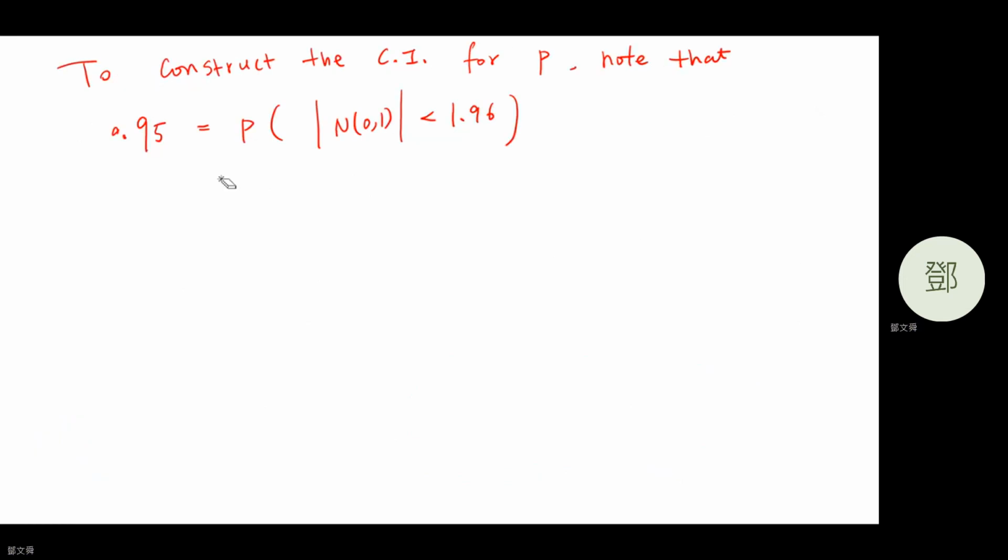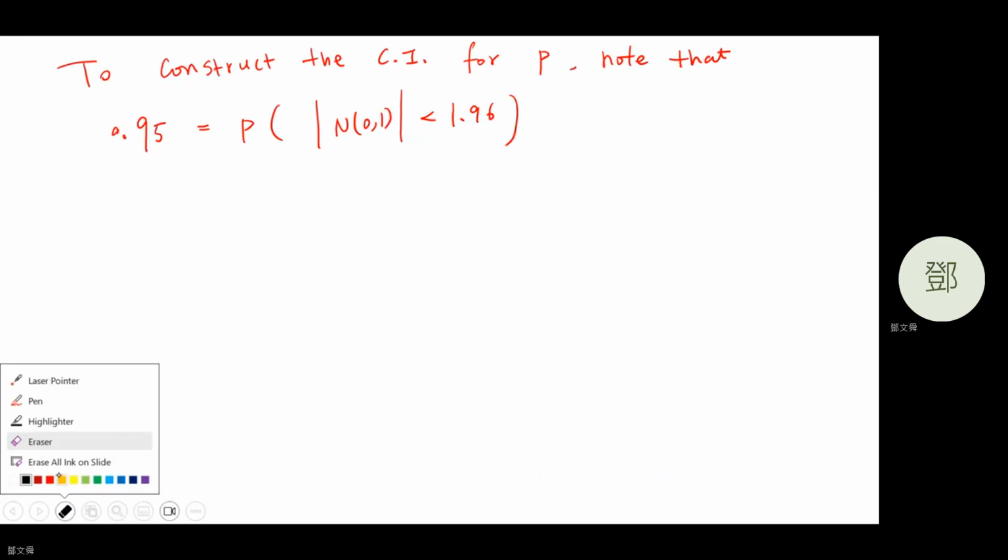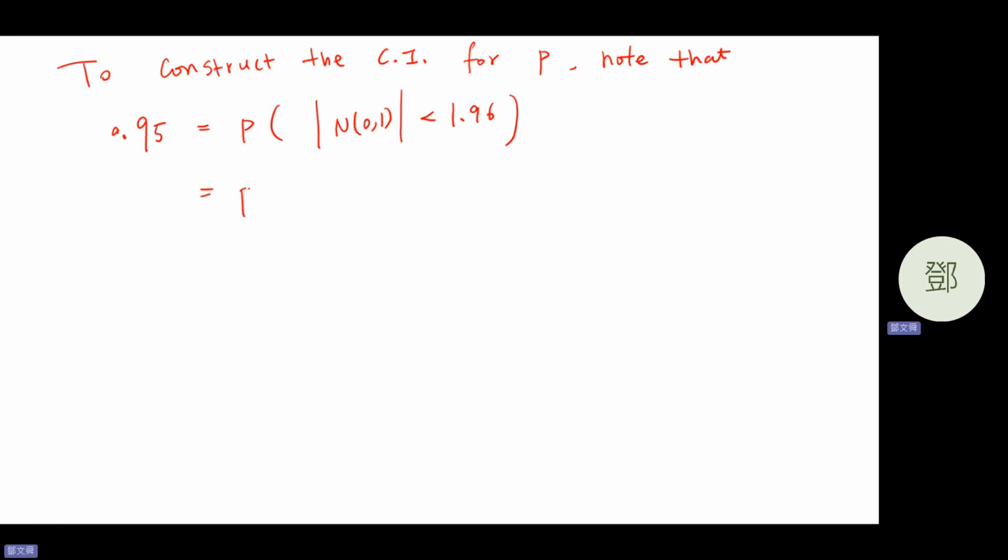And it is the probability equal x bar minus p, divided by square root of n, P and Q.